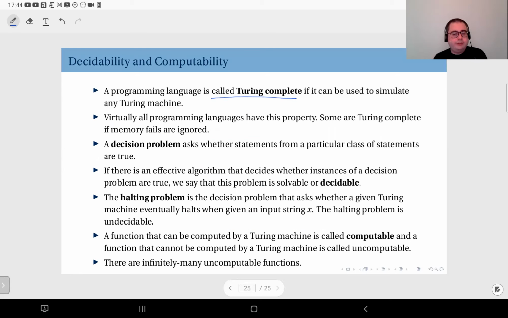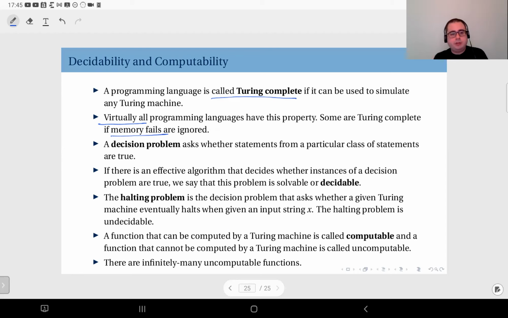Obviously, you would like this property in a programming language, and naturally, virtually all have this property, and some of them theoretically do not, but when you relax the memory limitation, when you ignore the memory failures, some of them also become Turing complete. And we have the concept of decidability and computability.